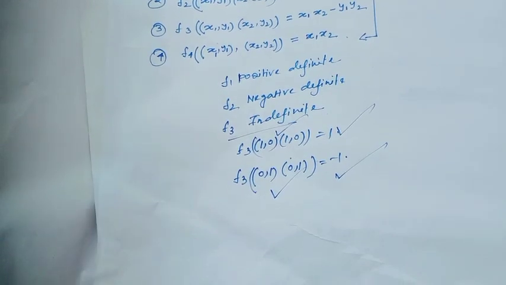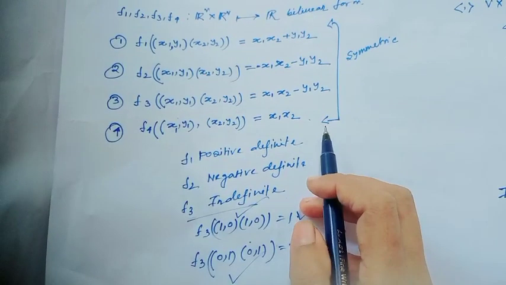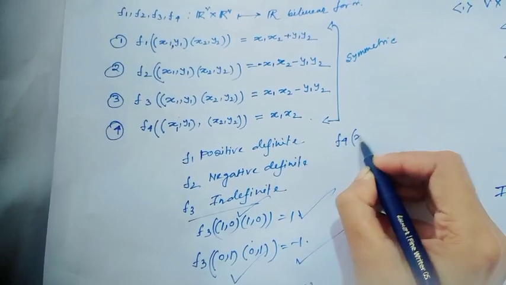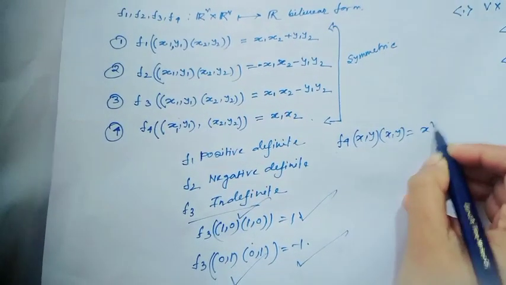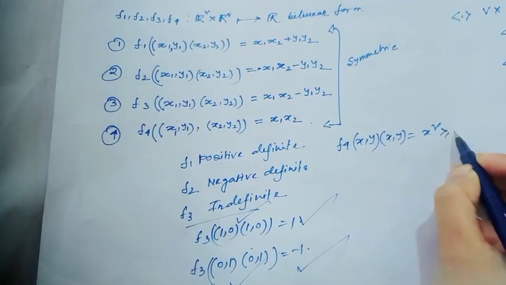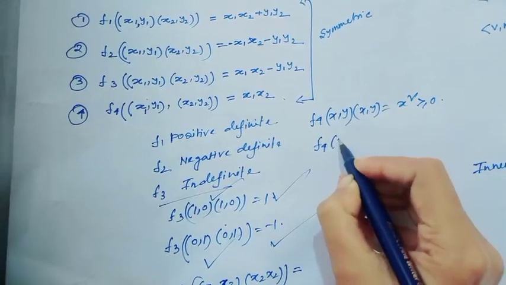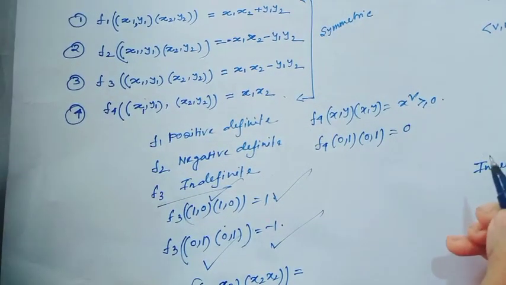And f4 is neither positive definite, nor negative definite, nor indefinite, because f4 of (x,y) with (x,y) would be x squared, which is obviously greater than or equal to 0. But if we consider the vector (0,1), then this value would be 0.